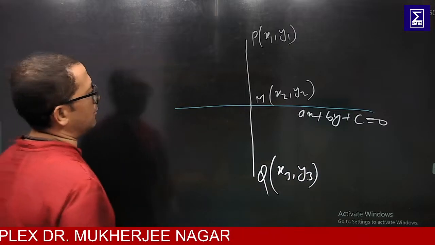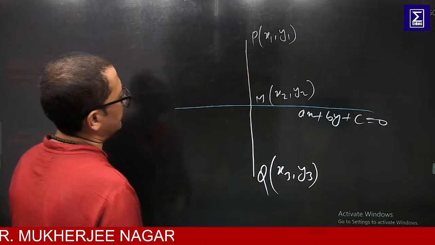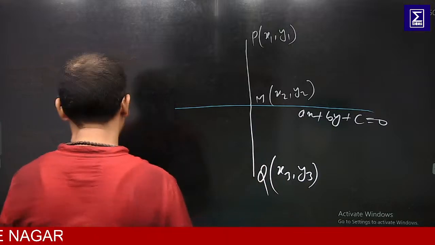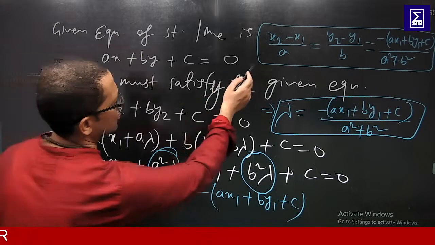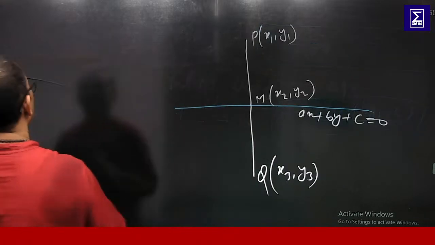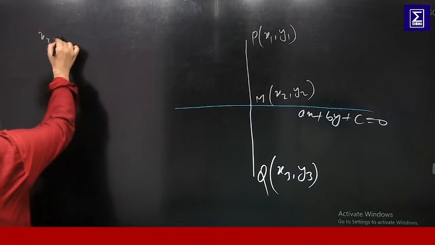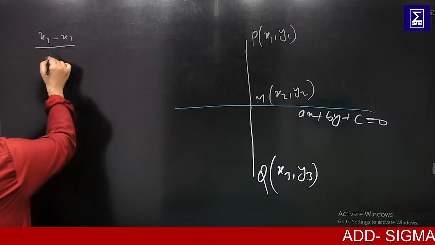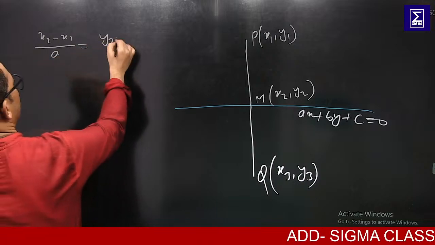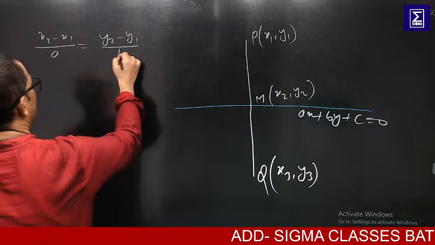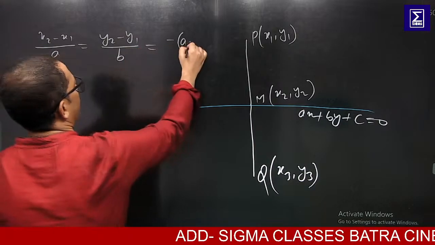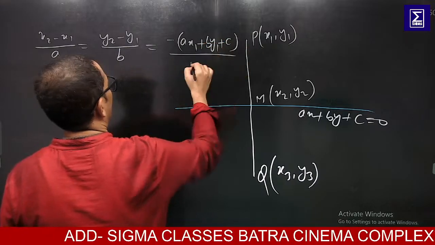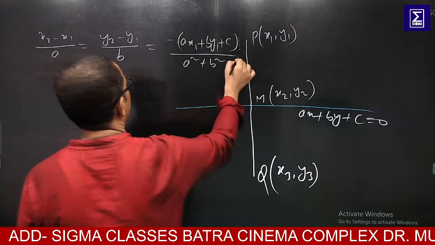So what we shall do here, we have the relation (x2 - x1) upon a is equal to (y2 - y1) upon b is equal to minus of (ax1 + by1 + c) upon a square plus b square.